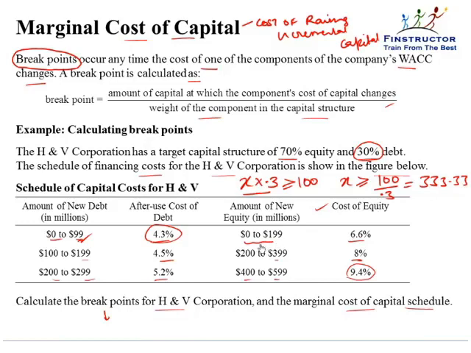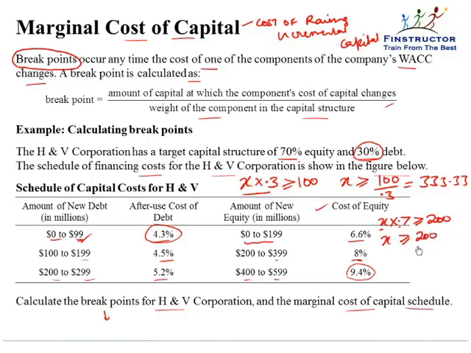Similarly, as equity goes above $200 million, the cost of equity will change. If the cost of equity changes, again the WACC would change. So equity is 70% of the total capital. As 70% of the total capital exceeds $200 million, again the WACC will change, or there will be a breakpoint.